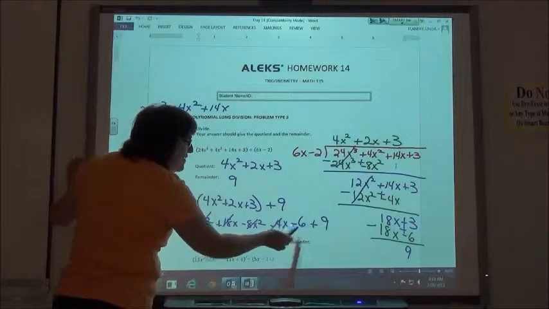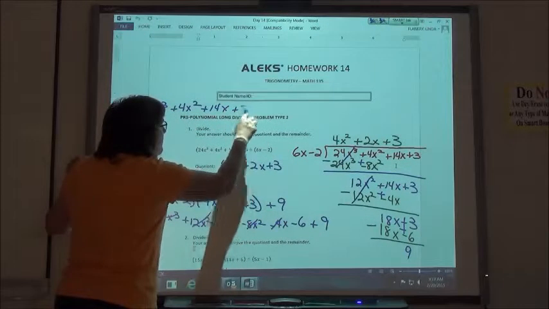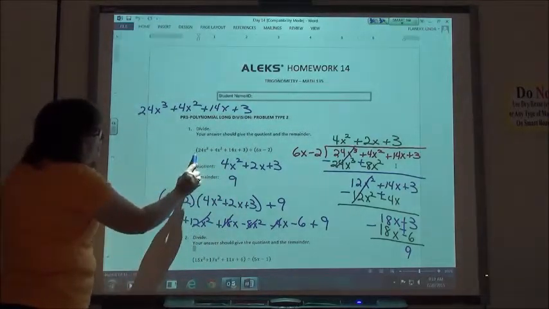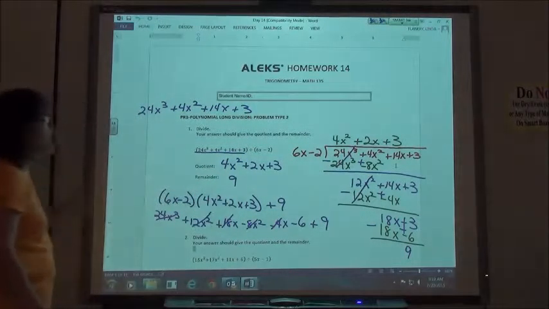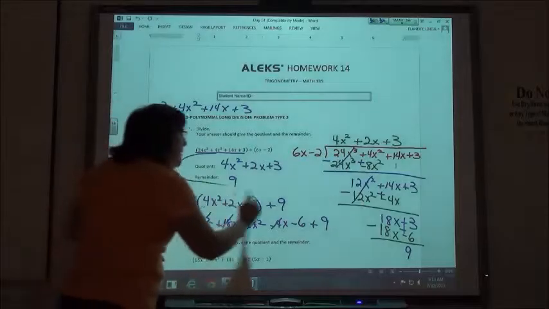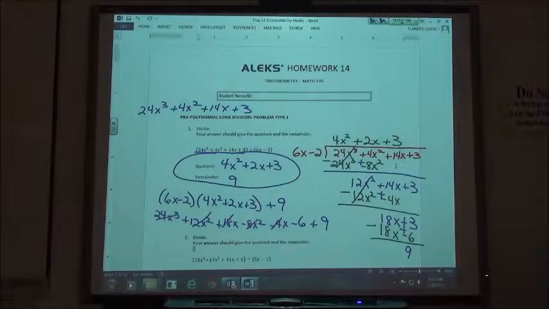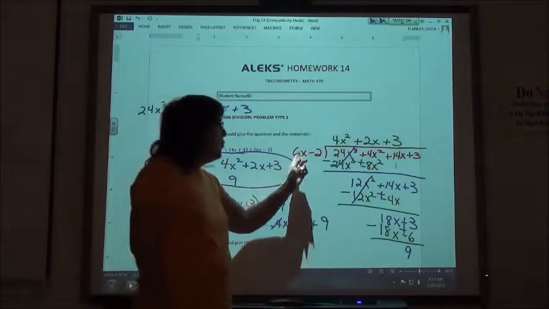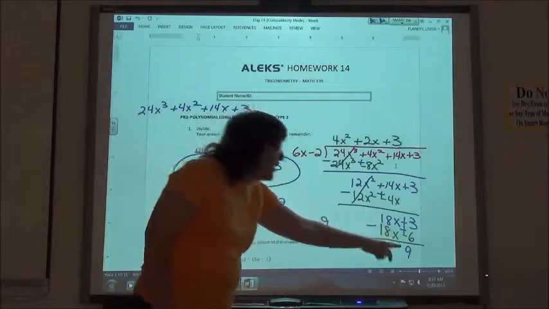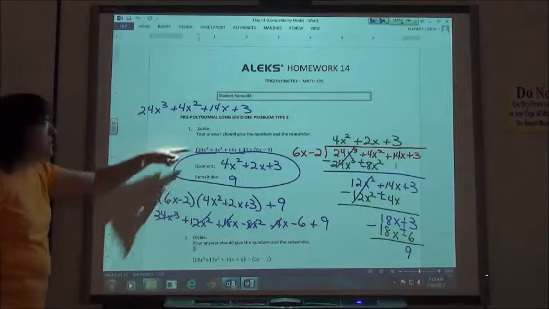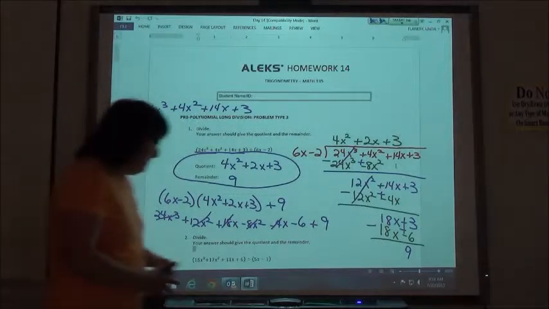And then I have a negative 6 plus a 9, which is a positive 3. So you can see that I got the exact same thing that I started with, so I know that should be my answer. You don't have to check them, but if you do want to check them, that's how you check it. The divisor times the quotient, add the remainder, and we should get what we started with there.